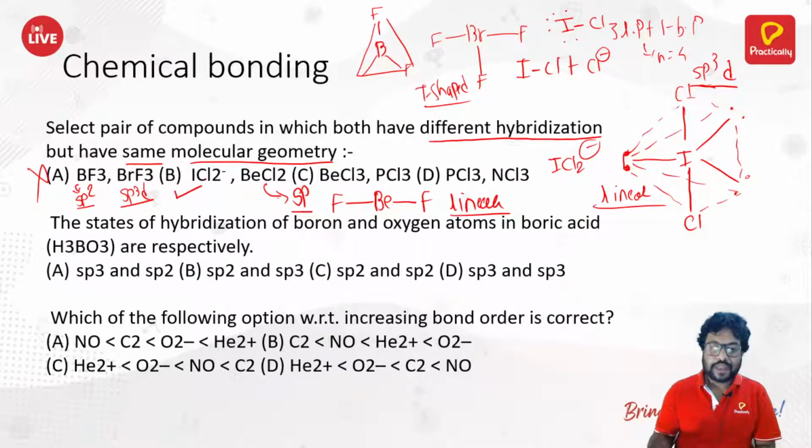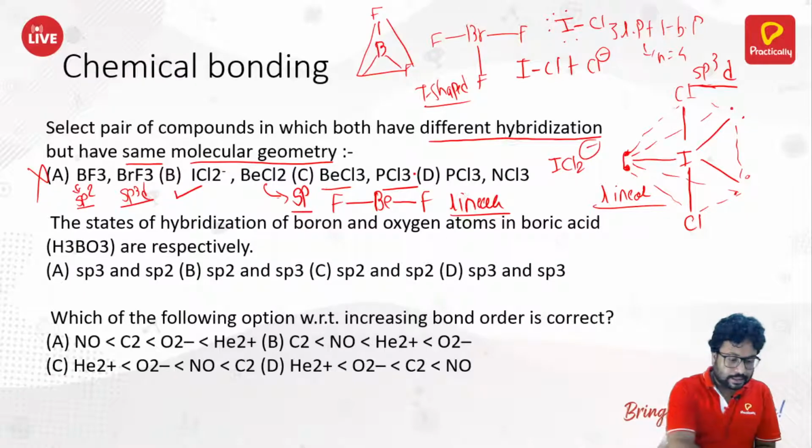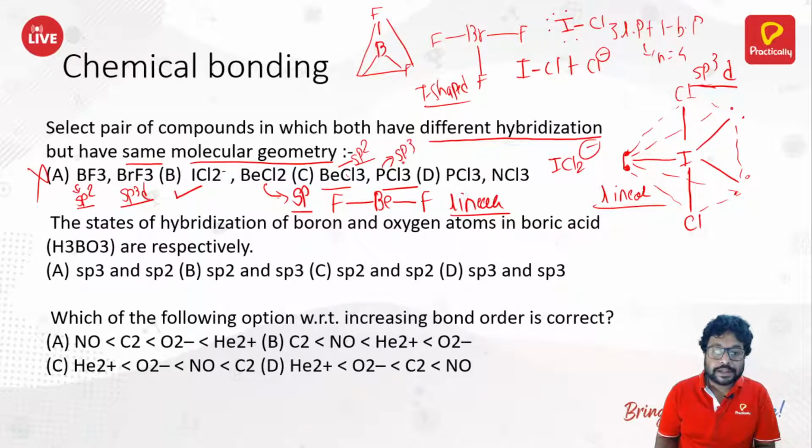But apart from that, we also need to look at BCl3 and PCl3. BCl3 we had seen its hybridization is sp2. PCl3 has hybridization sp3. So hybridizations are different, but shapes are also different.